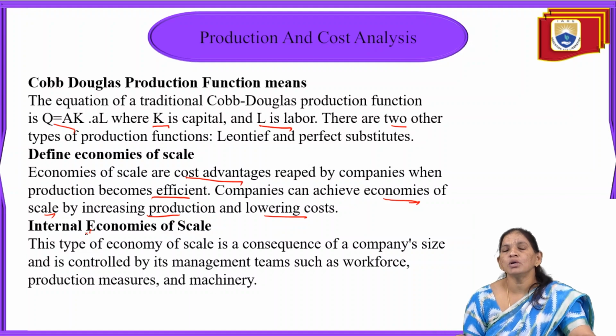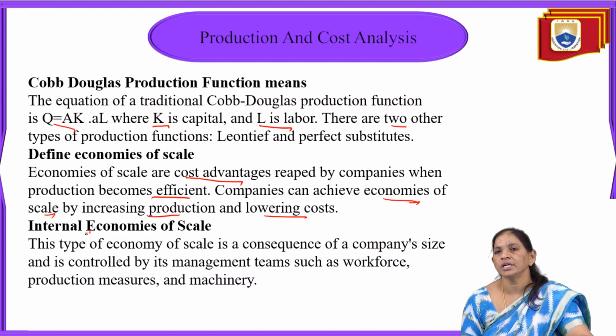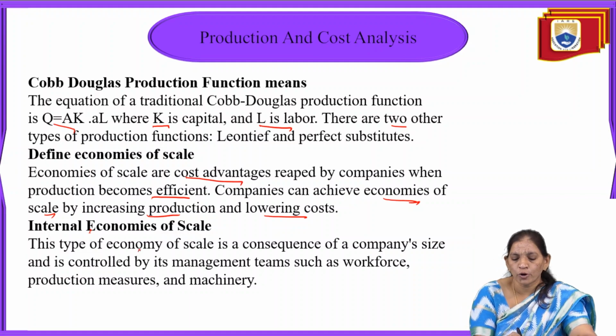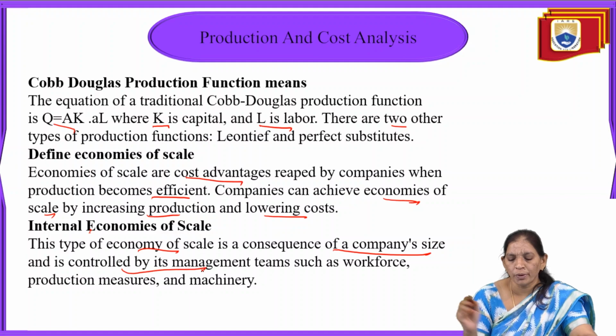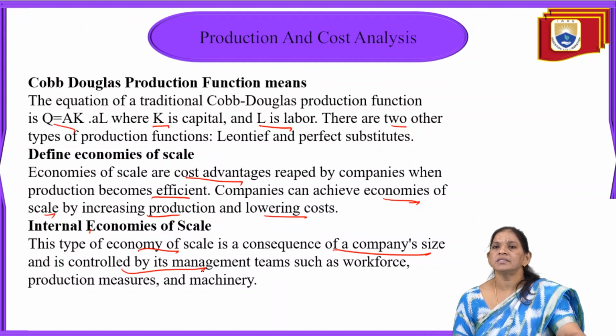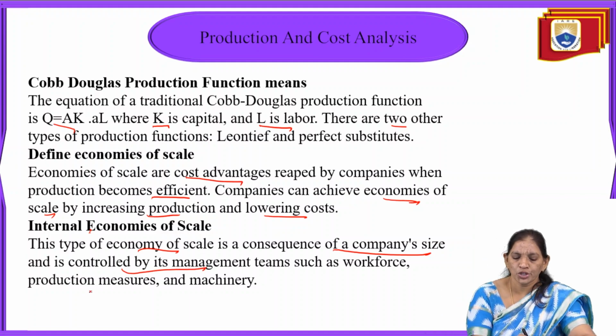It is one type of advantage a company enjoys by increasing its production. This type of economies of scale is a consequence of the company's size and is controlled by its management team, such as workforce, production measures and management.